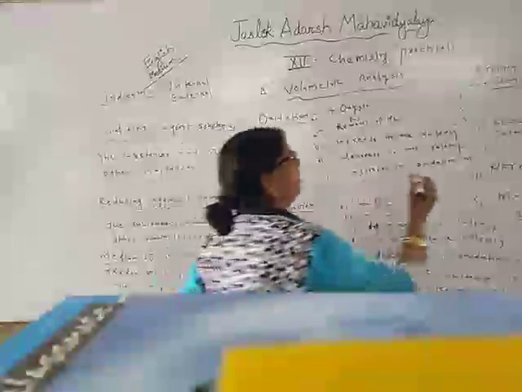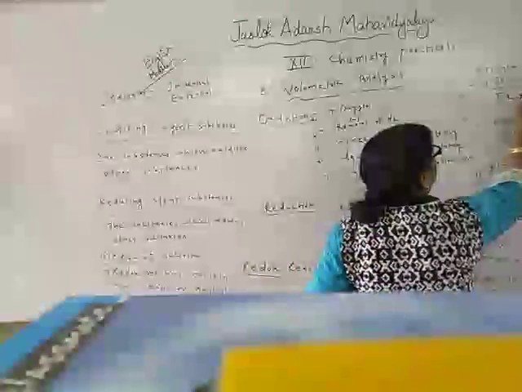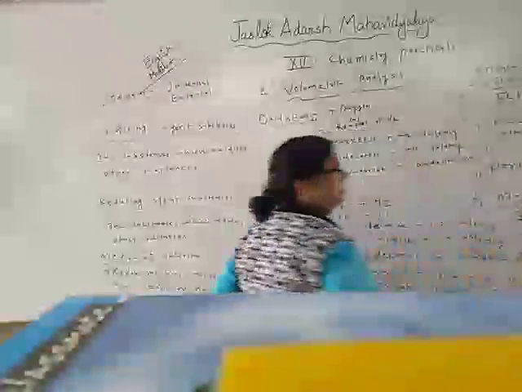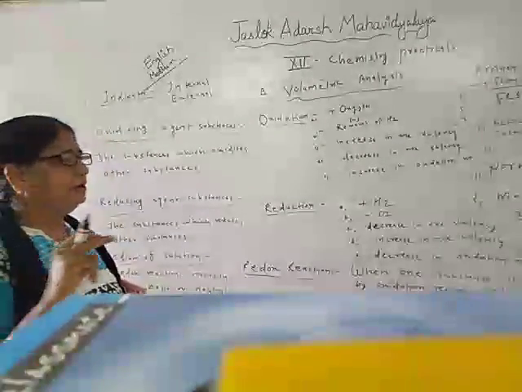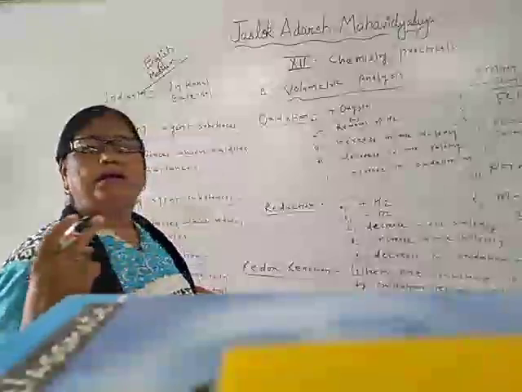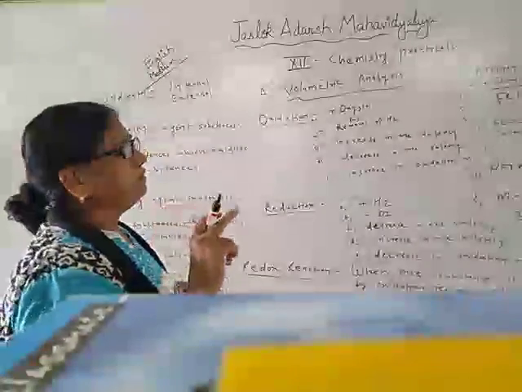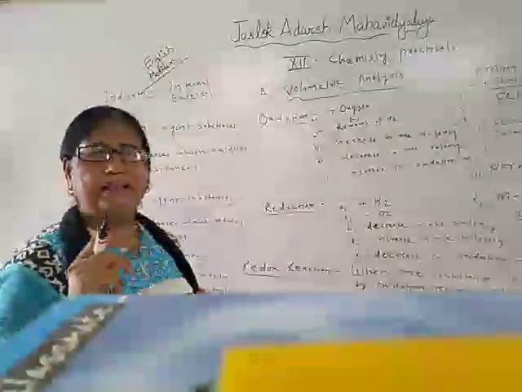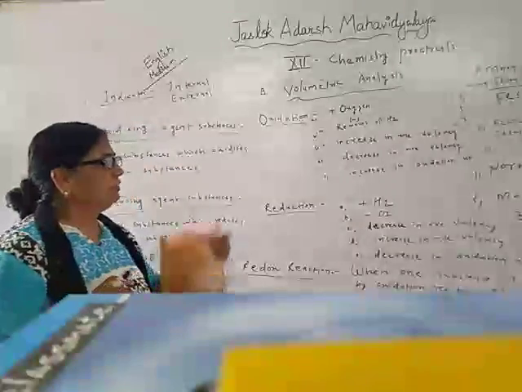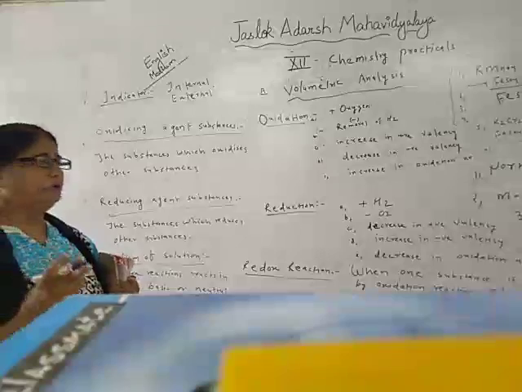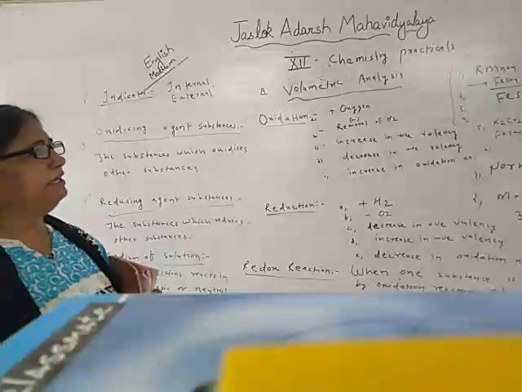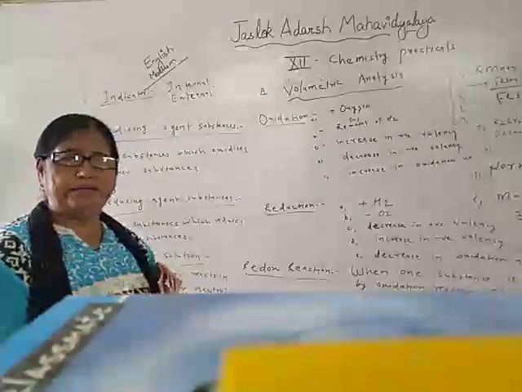If I am writing FeSO4 alone, it is called unhydrated. So again, in molarity we will do the calculation for the 2 terms, hydrated and unhydrated. Today we understood only the theory, how you have to calculate the normality, molarity, and how we will deal with the apparatus.